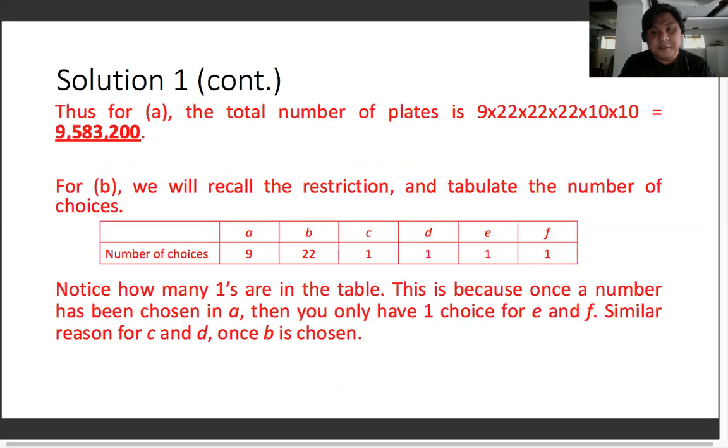So we have 9 times 22 times 22 times 22 times 10 times 10, which gives us 9,583,200. So what this means is that there is actually 9,583,200 unique standard Maryland issued passenger license plates.